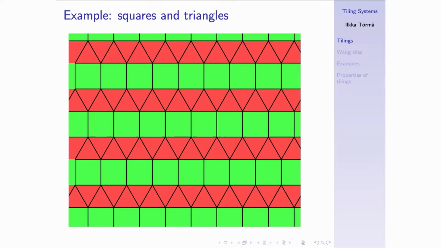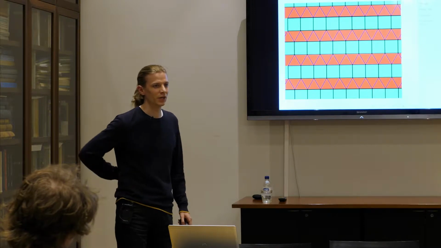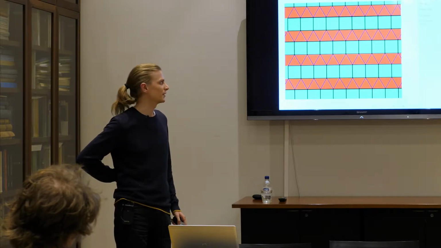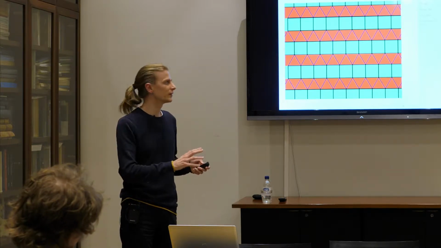Here is an example of a tiling. You have geometric shapes. These are rectangles, and the red ones are triangles, and they cover everything, and it continues like this in every direction. So this tiling is periodic, meaning that it repeats exactly the same everywhere.